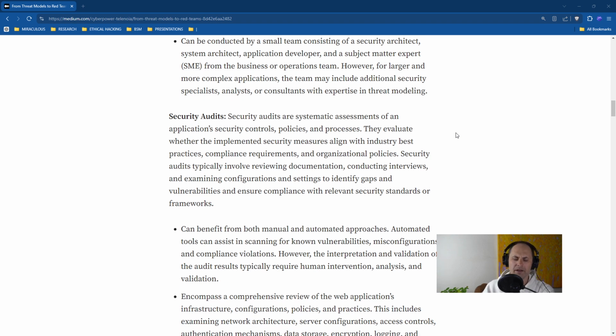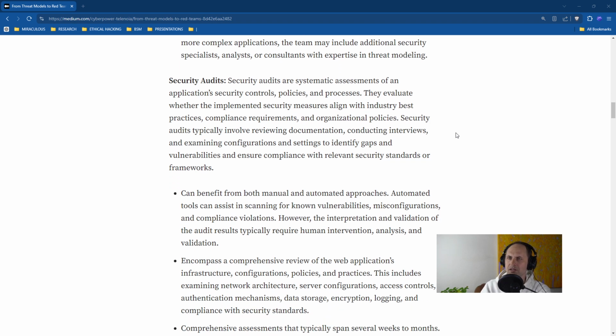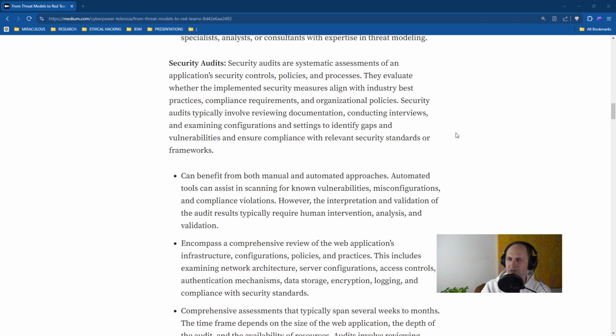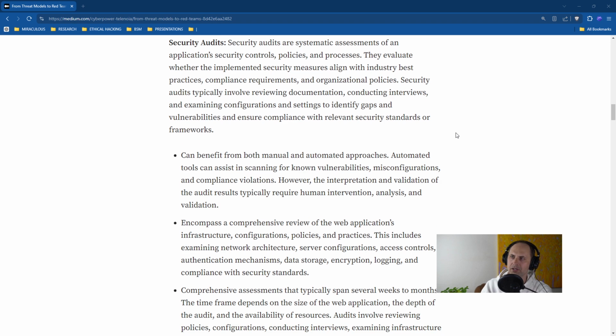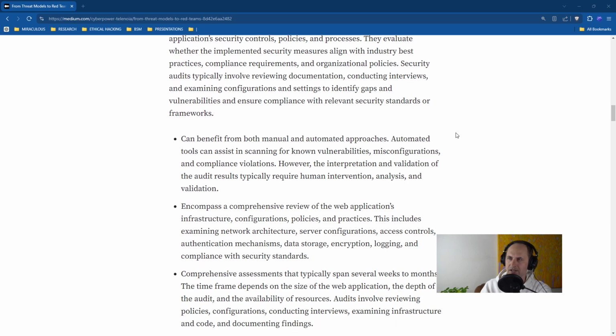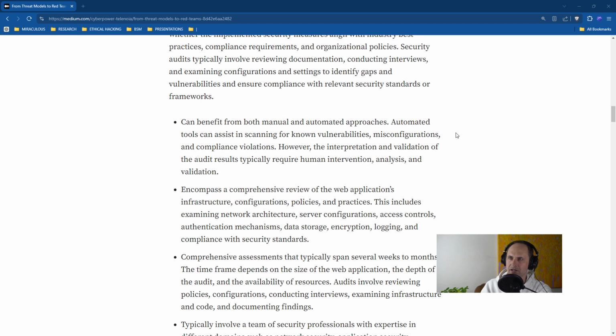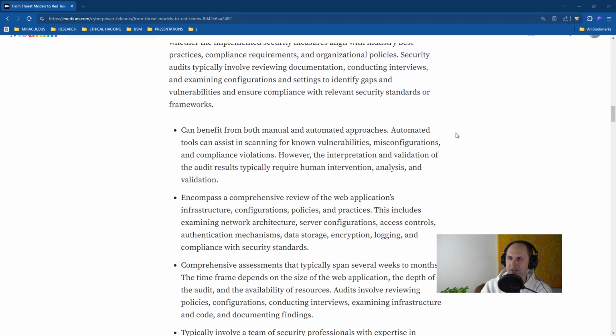Next up, security audits. Security audits are systematic assessments of an application's security controls, policies, and processes. They evaluate whether the implemented security measures align with industry best practices, compliance requirements, and organizational policies. Security audits typically involve reviewing docs, conducting interviews, and examining configurations and settings to identify gaps and vulnerabilities and ensure compliance with relevant security standards or frameworks.